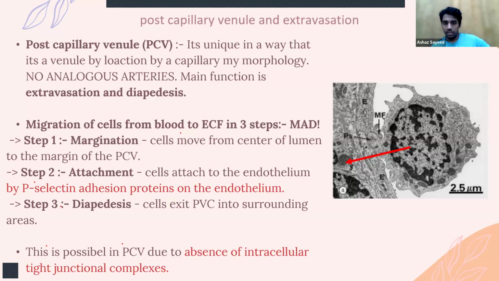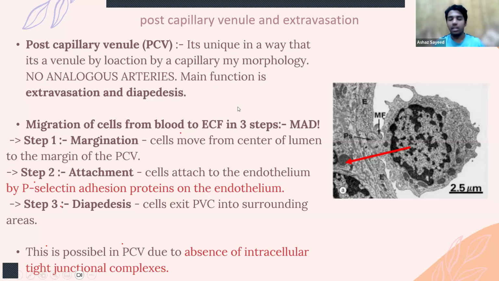But by morphology, by structure, it's still a capillary because it has an endothelium and basement membrane. So by structure, by and large, it's still a capillary. It does not have analogous arteries, and its main function is extravasation and diapedesis.